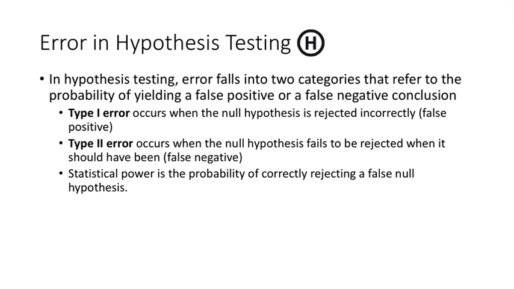Now, if we're hypothesis testing, we have errors to worry about. They fall into two basic categories, type 1 and type 2, and they refer to the probability of yielding a false positive or a false negative conclusion. Type 1 errors occur when the null hypothesis is incorrectly rejected. Type 2 is when the null hypothesis fails to be rejected when it should have been. And statistical power helps us with the probability of correctly rejecting a false null hypothesis.